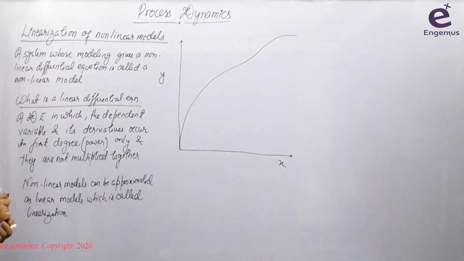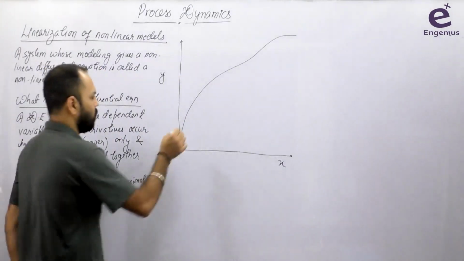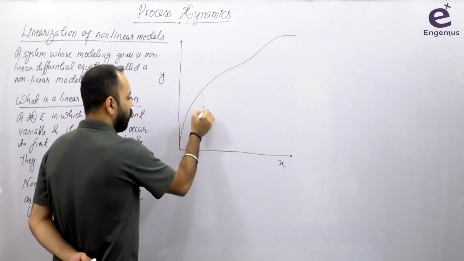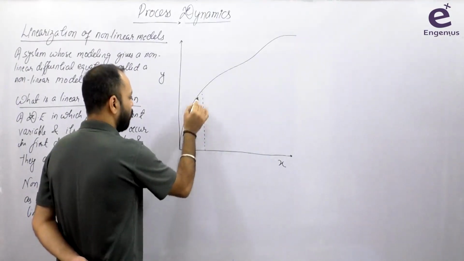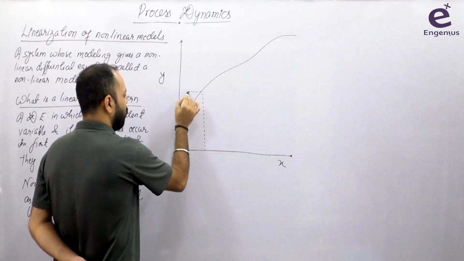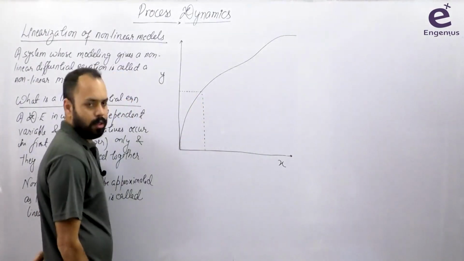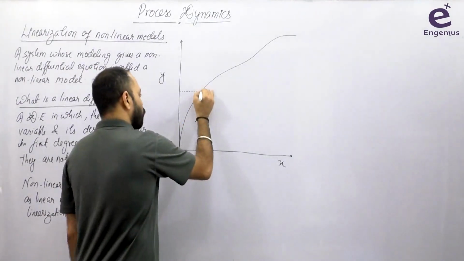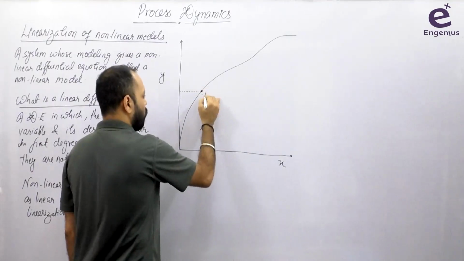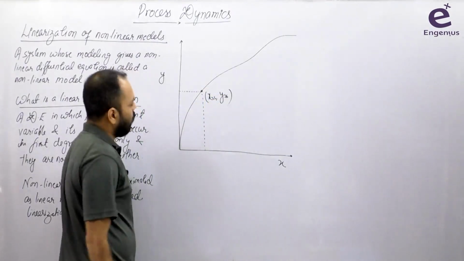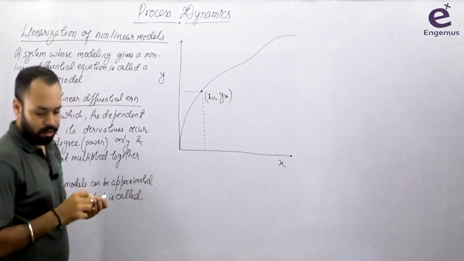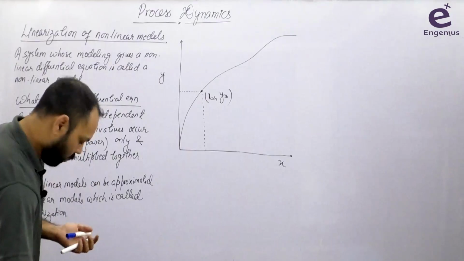Now what I am going to do is, at some point, let us call this point some value of x, and in the same way, this is the value of y. At this point, which has some coordinate on the x-axis and y-axis, if you make a tangent, I'm making a tangent here.